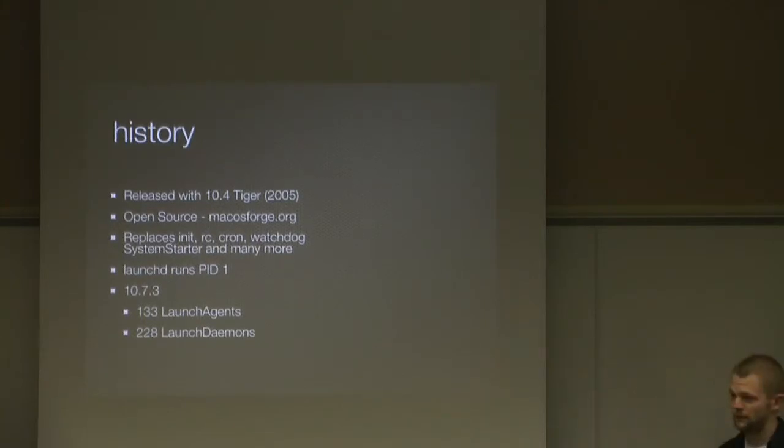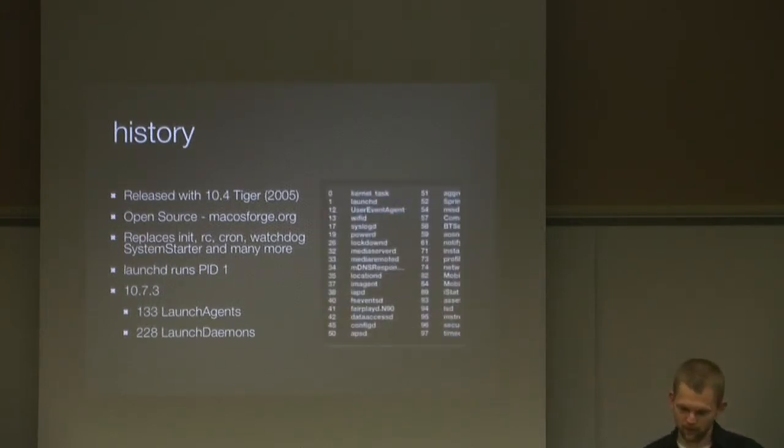I think 10.4 had maybe a dozen launch daemons. In 10.7.3 I counted 133 launch agents and 228 launch daemons, and I'll get into what the difference is between those two. An interesting note is iOS actually also runs Launchd. So that means it's in your iPhones, your iPads, Apple TV too.